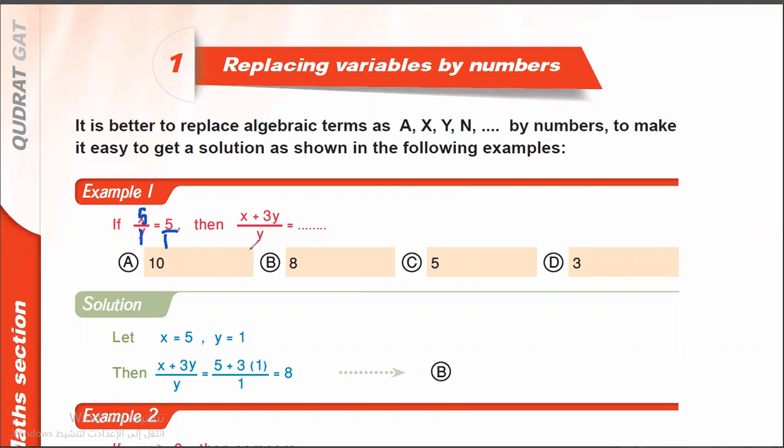You put here 5, and you put also 1, and here 1. Right, so 5 plus 3 times 1, it is 3, divided by 1. So the answer is 8. So the answer is B.